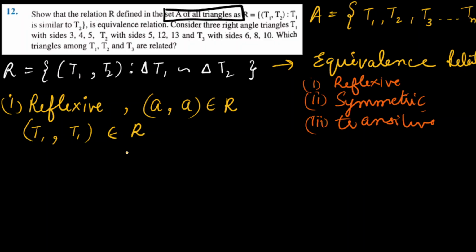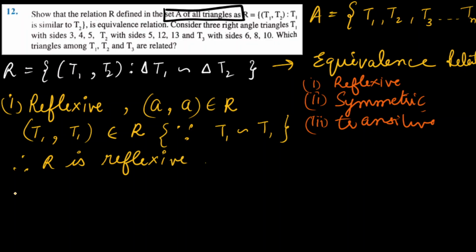That's why this ordered pair will belong to relation R. Because we know T1 is similar to T1. Any triangle will be similar to itself. So therefore (T1, T1) belongs to R. Therefore R is reflexive.